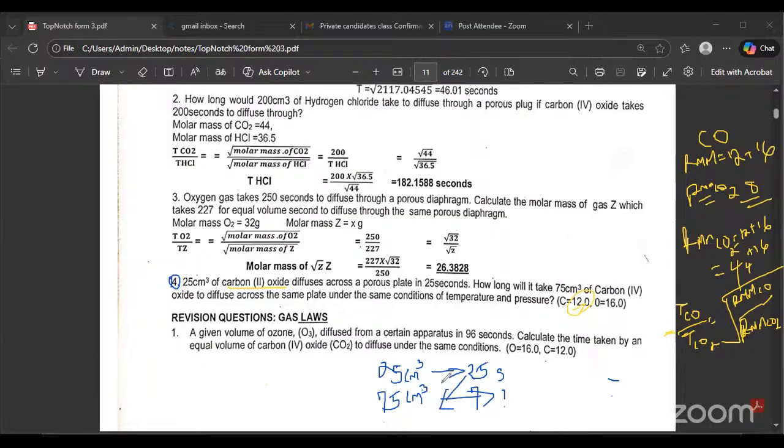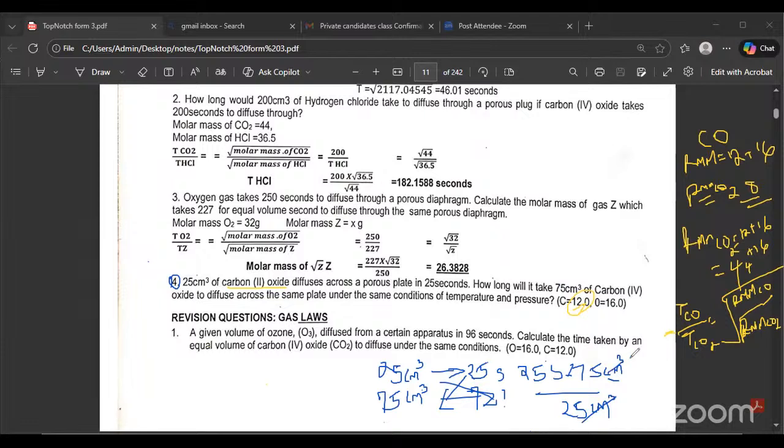Easy. So this one becomes very easy, actually, because it is 25. I don't know if you are seeing something that is the same. So it's like saying 25 seconds multiplied by 75 centimeters cube, over 25 centimeters cube.